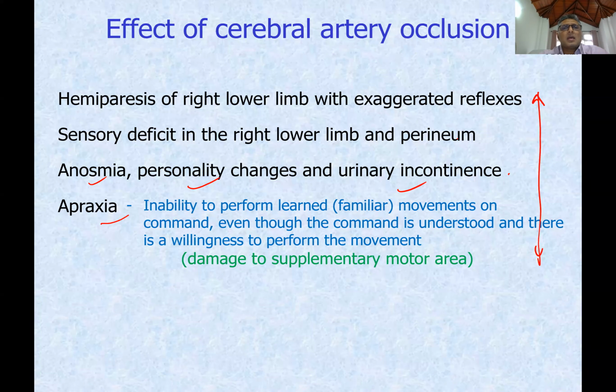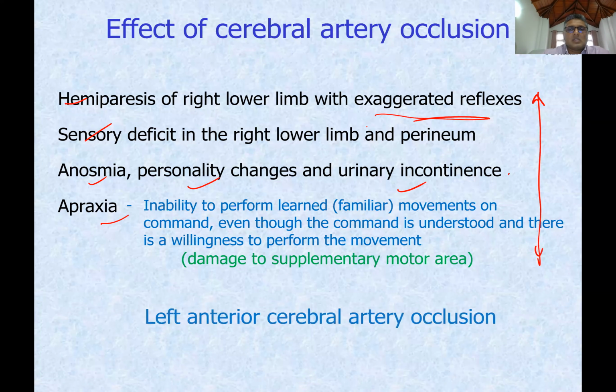On top of that, if you have right lower limb weakness as well as sensory loss, together with exaggerated reflexes, it indicates clearly not something from the cerebellum, the spinal cord or the internal capsule, but at the cortical level. So then it's pretty clear that this is a left anterior cerebral artery occlusion.